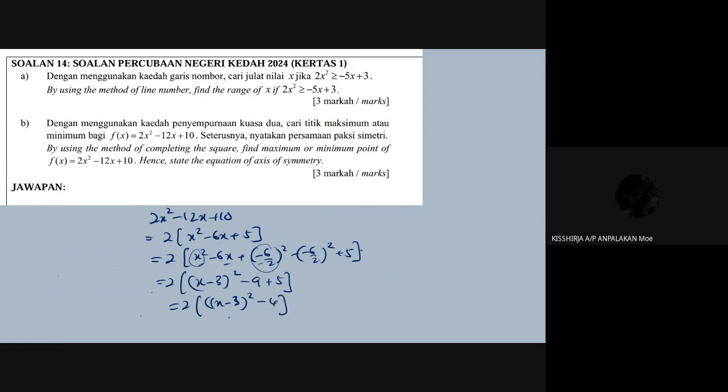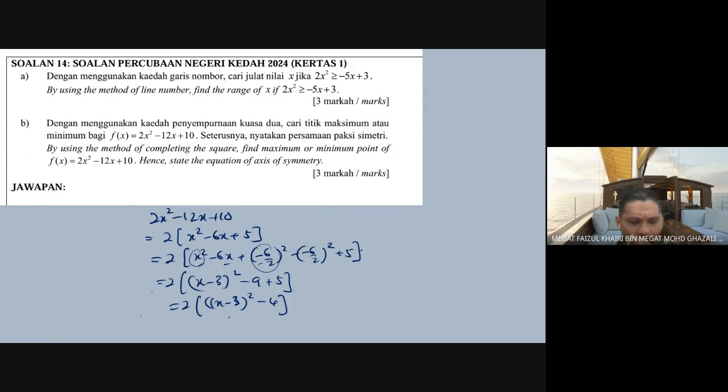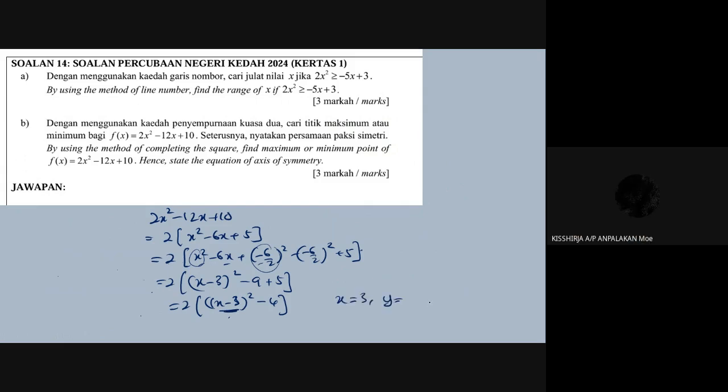So we then have to open bracket for negative 4. So when x equal to 3, then y equal to... We sub x equals 3.